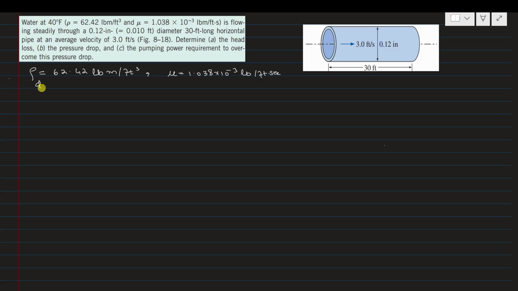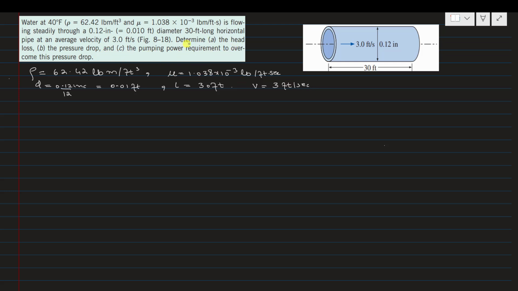The diameter is 0.12 inch. Convert into feet, divide by 12 because 1 foot has 12 inch, then it will be equal to 0.01 foot. And the length of the pipe, L, is 30 foot. The average velocity of water flowing in the pipe is 3 foot per second.